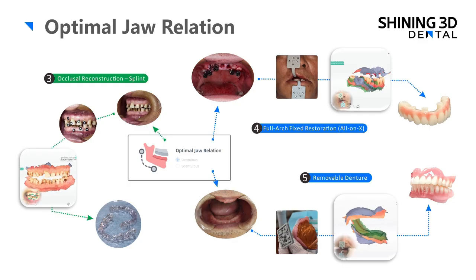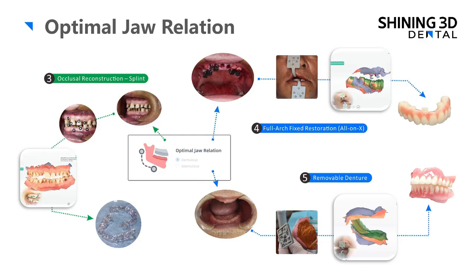For those who have severe teeth wear, we can use the optimal jaw relation to reaffirm or recreate the jaw relationship for the patient and create a splint to adjust the bite. And for full mouth fixed implantation cases, especially for immediate loading, we can use it to reconstruct the jaw relationship for the patient, and it can be used for the design of the temporary prosthesis.